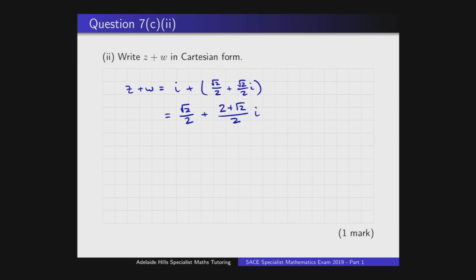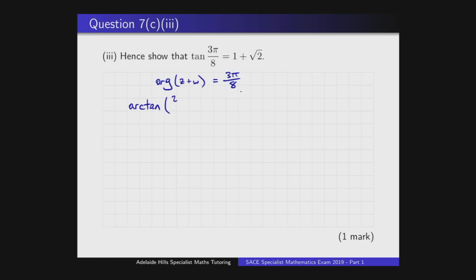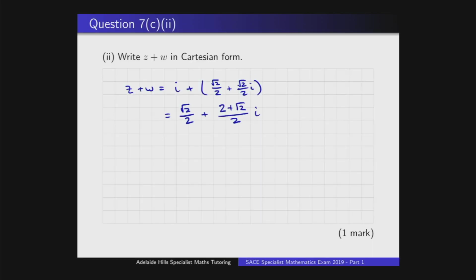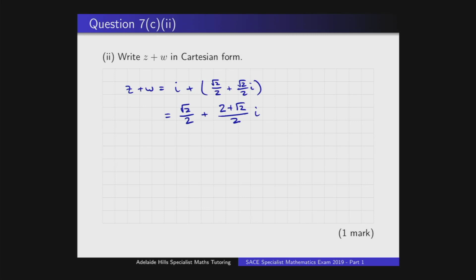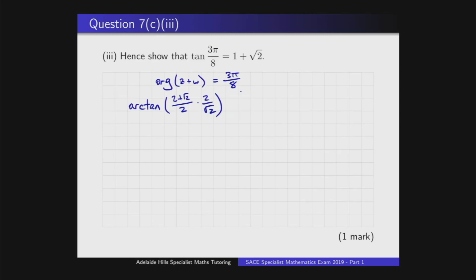In this case, the imaginary part is 2 plus root 2 over 2, and that's divided by the real part, which is root 2 over 2, and that's equal to 3 pi over 8.